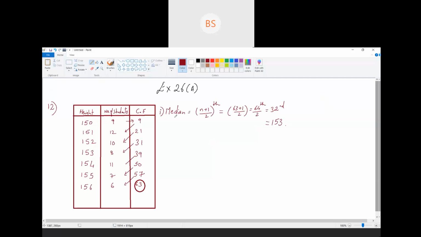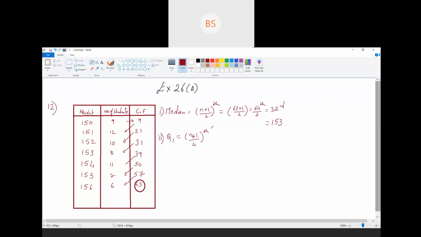Next they have asked us lower quartile. Lower quartile is Q1. So here it is odd. So lower quartile is n plus 1 by fourth term.